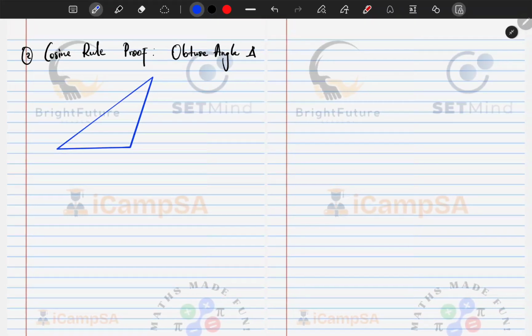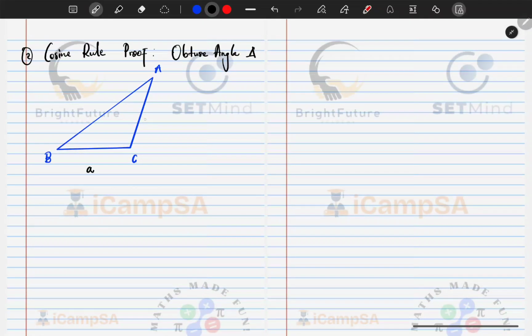I'm going to have my angle A, my angle B, and my angle C, right? Remember how we name angles and sides. The side opposite angle A is going to be called side a, small letter a, and then I'm going to call this side b, and this is going to be side c.